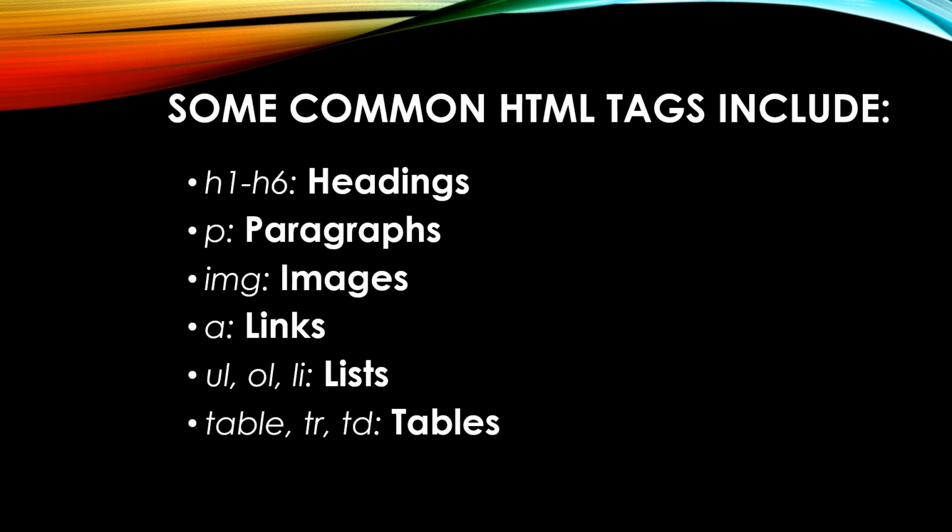Now the difference is that the browser treats the H1 element as the most important element, so it appears bigger and bolder than H2, H3, and the rest, and it continues that way. H1 is the most important, H2 is the next most important one, H3 is the next, H4 is the next, and then H6 is the least important.